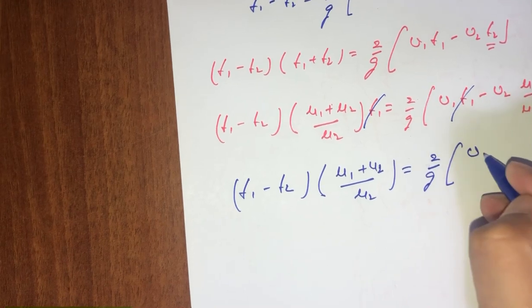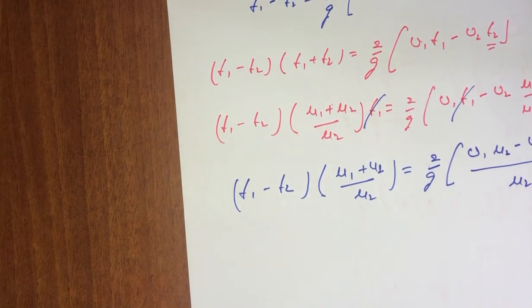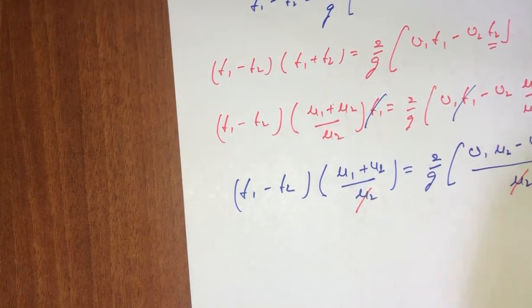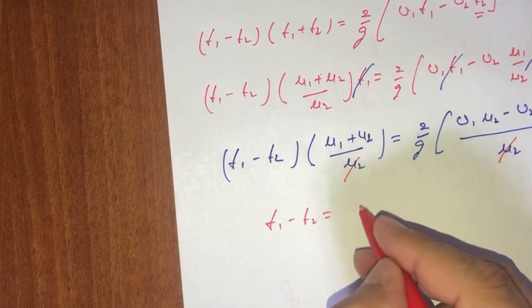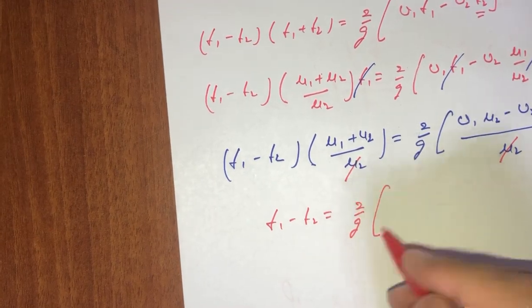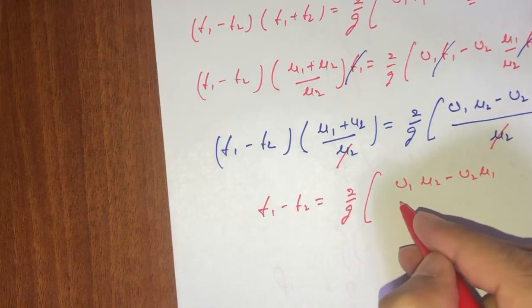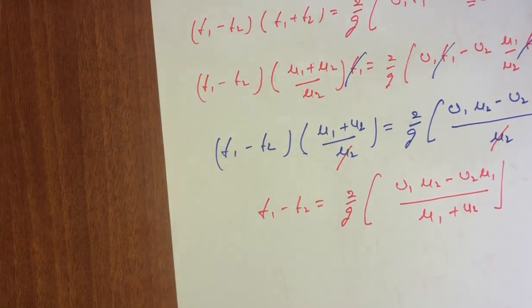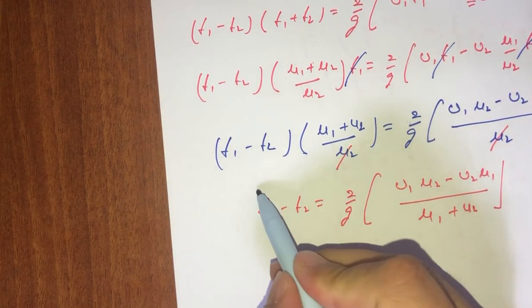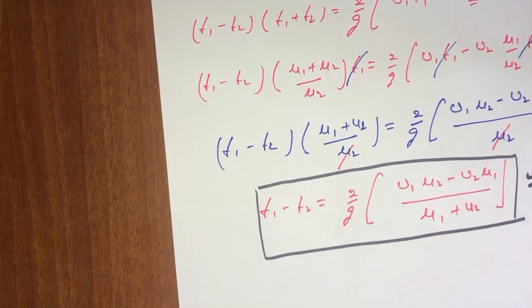Taking LCM, v1 u2 minus v2 u1 divided by u2, and u2 cancels, so we get the time difference t1 minus t2 is equal to 2 upon g times v1 u2 minus v2 u1 divided by u1 plus u2, and this was the question to find out, the time difference. So we have proved it. Thank you.